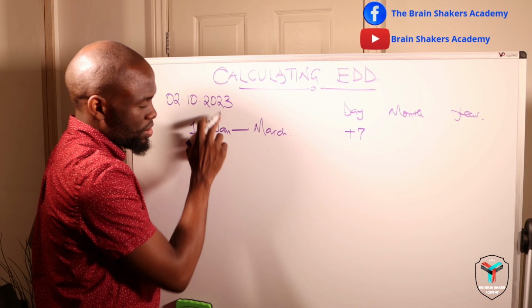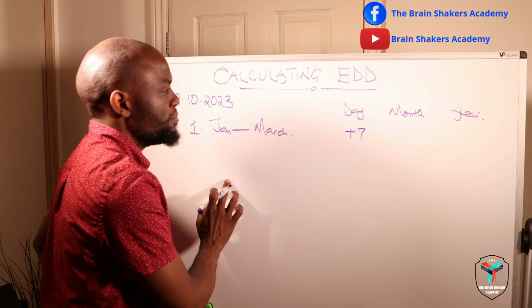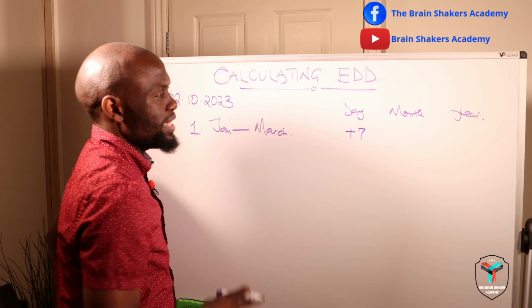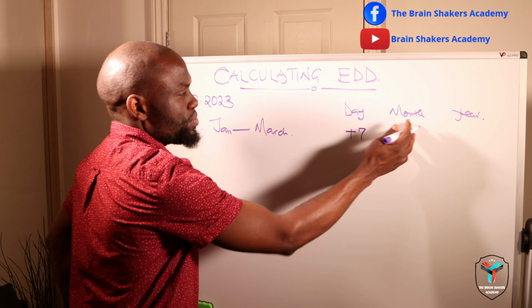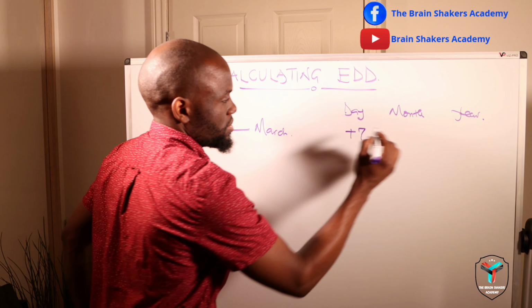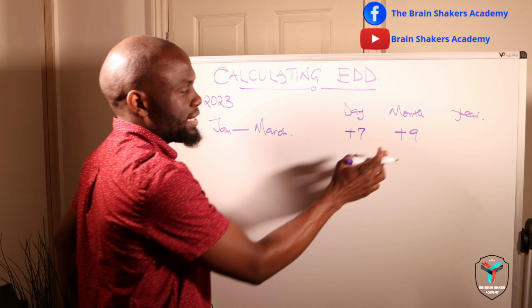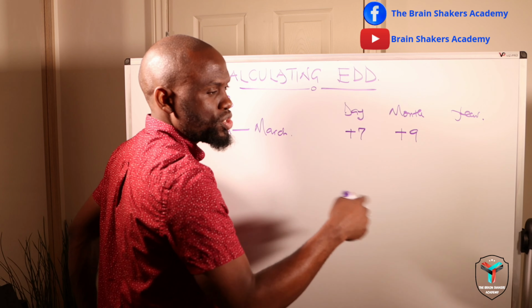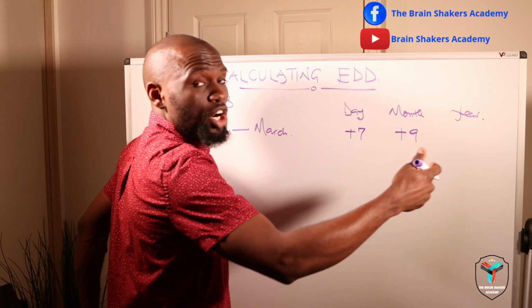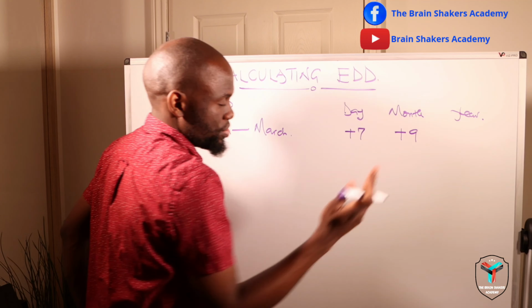Now I'll leave it as October because there's also another one that carries on from April to December. Then we can use both of them on the same date. Then to the month, you are going to add 9 months. So you will add a 9. Because you're adding 9 months, it means you keep on going ahead, and so you will leave it and not add anything to the year.